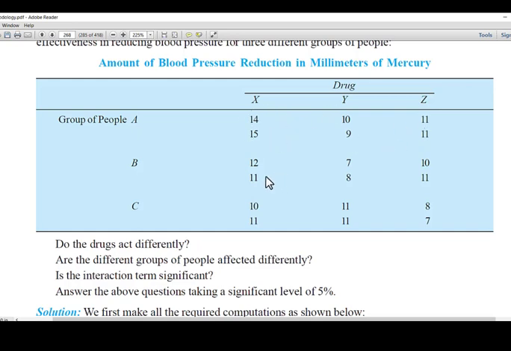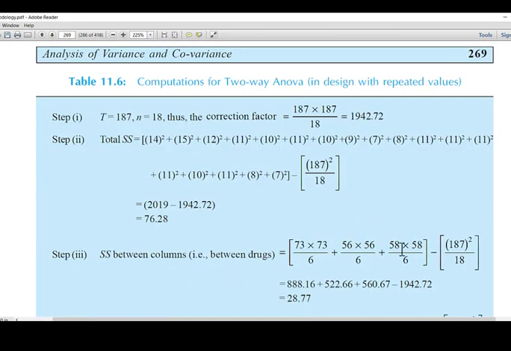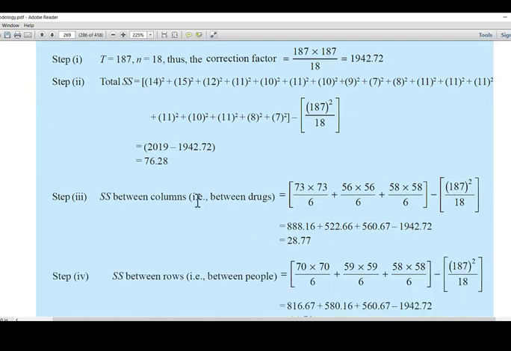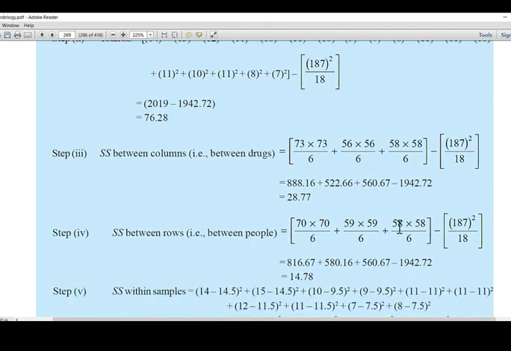And here 19, 29, 30, 48, 49, 59. And here 29, 30, 40, 51, 58. The same way it is done, minus that correction. So SS between columns, that is between drugs, is this. SS between rows we have done as 14.78.